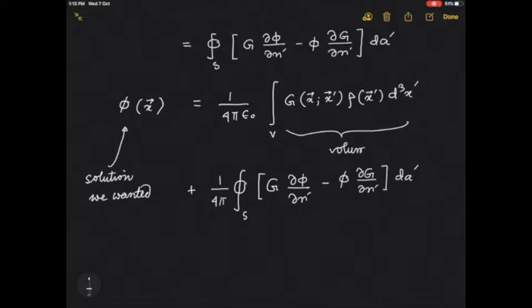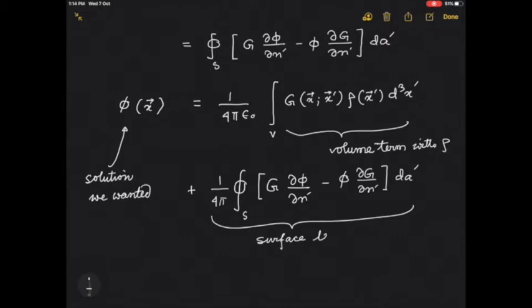We have a volume term with rho, which has to be known everywhere in the volume, and I have a surface term which has phi and del phi del n prime.